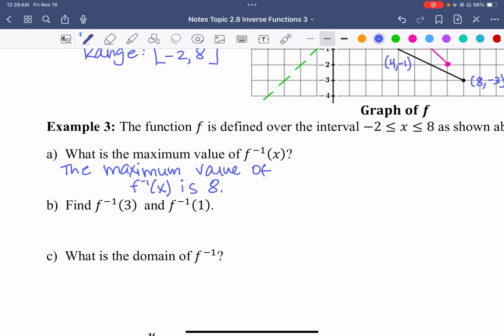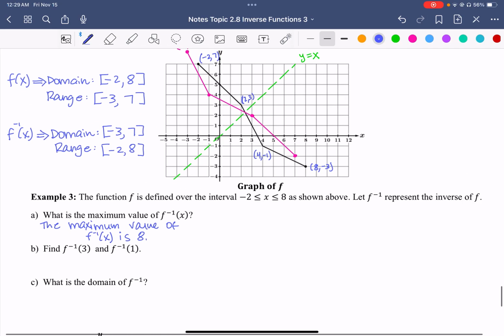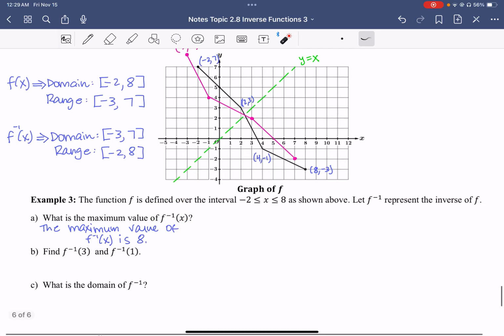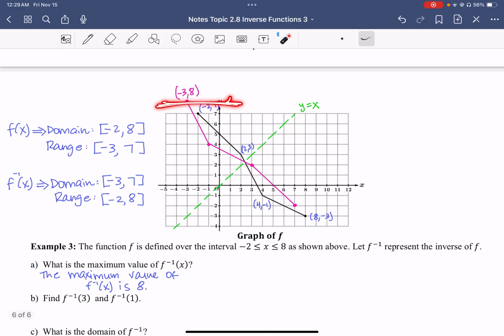And you only include the y value. And then don't forget that you could have also looked at the range. So the inverse of f of x is here, and the biggest range number was 8. So that was the maximum. So you could look at it graphically, or you can look at it from the range.